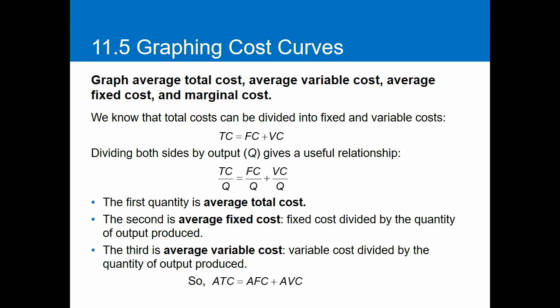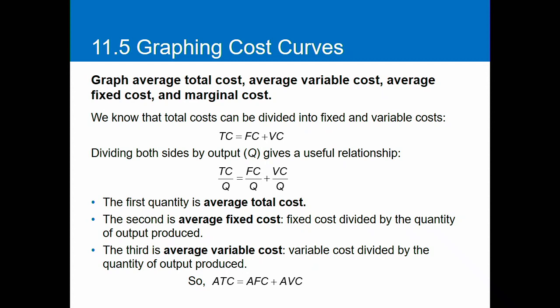All right. So finally, we'll look at graphing these cost curves. These are the general cost curves that firms are going to face in any type of industry they're in. So we have that relationship from the beginning. This was a definition: total cost equals fixed cost plus variable cost, because all costs can be split up into either fixed or variable.